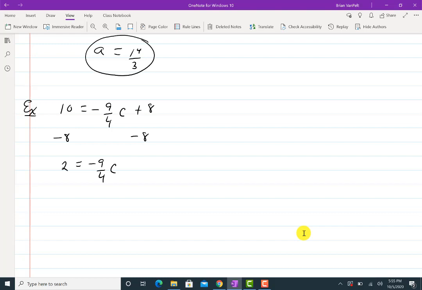Not just 4/9, negative 4/9. So I'll cancel the fractions and the negative at the same time. Just make the other side 2 over 1. On the left, it looks like I get negative 8 over 9. On the right, all the numbers cancel. I'm left with just c.